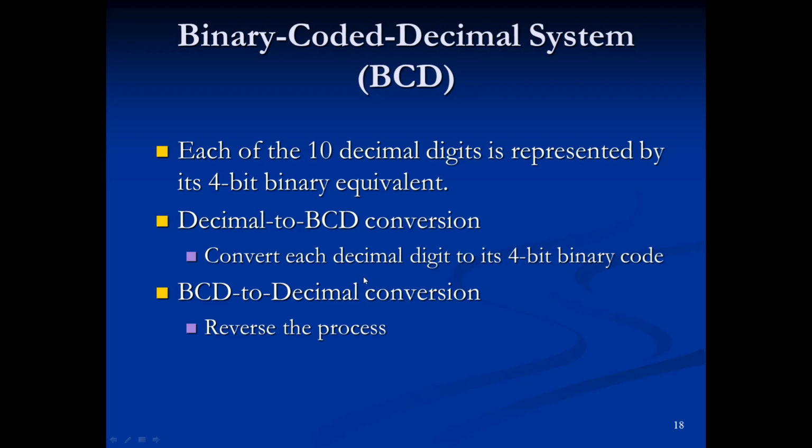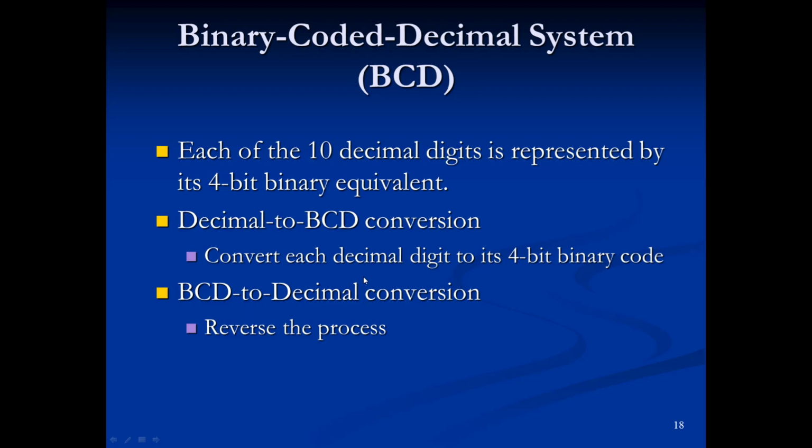But to get from decimal to BCD, pretty simple actually. You just convert each decimal digit to its 4-bit binary code, and then move on to the next decimal digit and convert that to 4 bits.